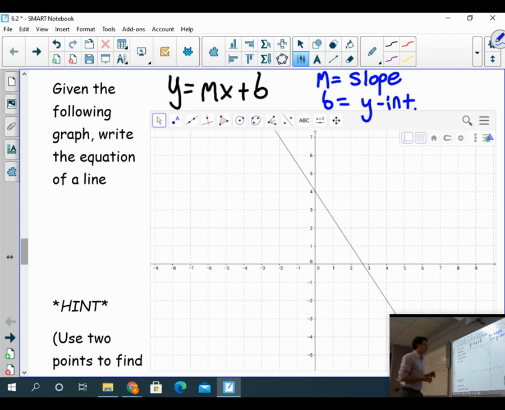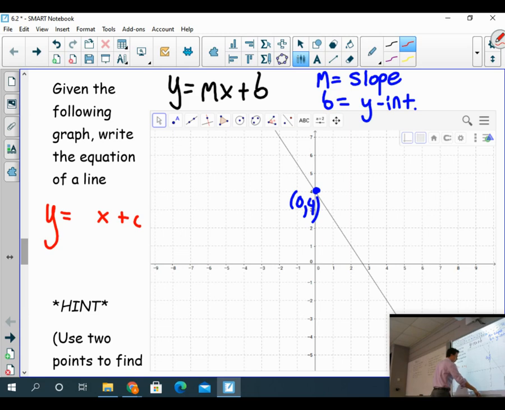So I look at this graph here, and I observe that the y-intercept, I know that's where I cross the y-axis, where I switch sides. That occurs at the point 0, 4. At 0, 4. So my y-intercept, y equals blank times x, plus my y-intercept will be 4.